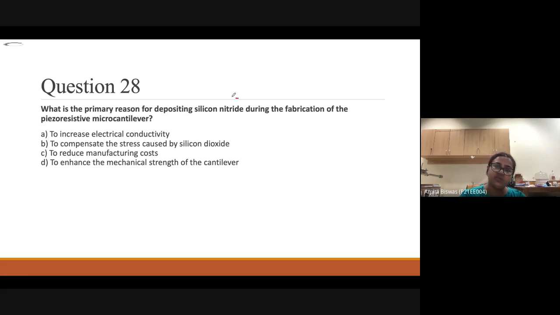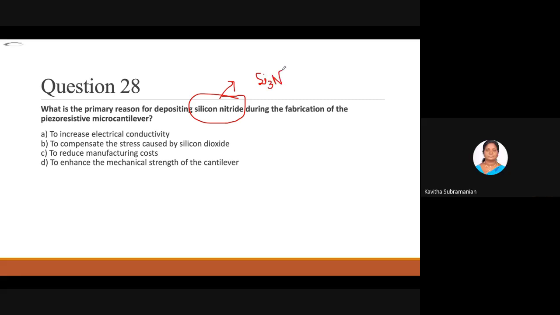What is the primary reason for depositing silicon nitride? At first, tell me what silicon nitride is used as. It acts as a dielectric layer, silicon nitride Si3N4. It can be used as a passivation layer, an insulating layer.